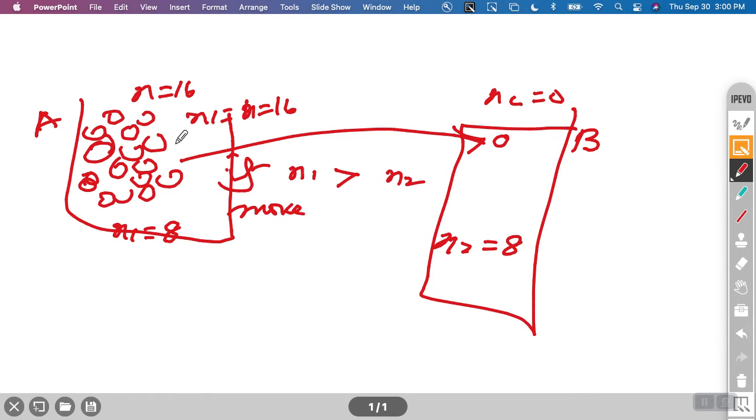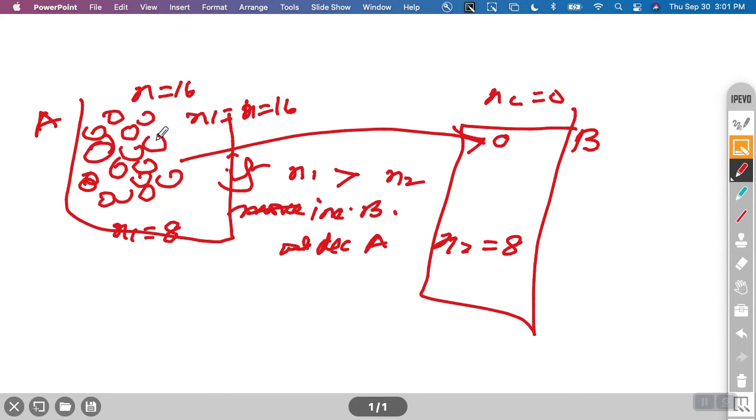So put one element to B, then increment B and decrement A.